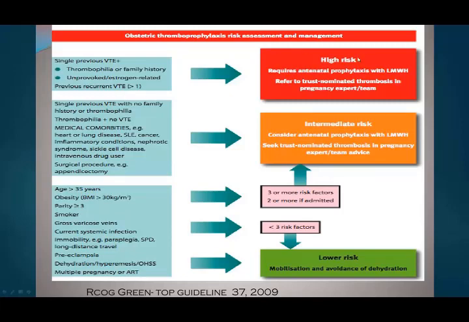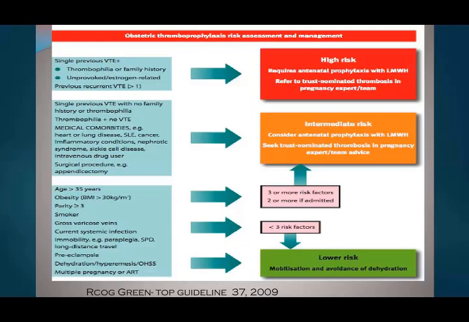A patient who has a previous event plus a family history would be considered high risk. What they require in their management is antenatal prophylaxis with low molecular weight heparin, and referral to the thrombosis in pregnancy expert team.